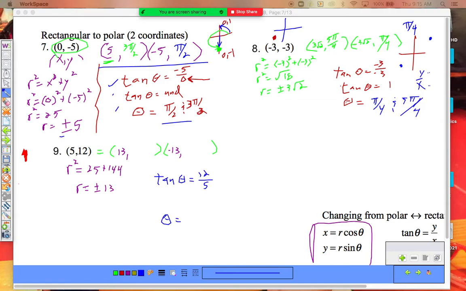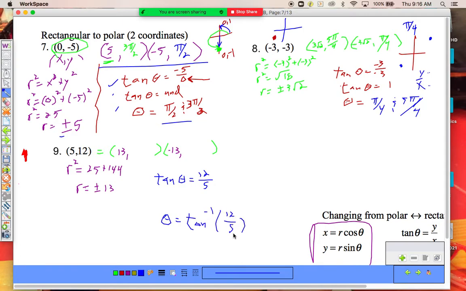All right, so if I give you a tangent of theta is 12 over 5, we don't know that, so we're going to do an inverse tangent. So theta is going to equal the inverse tangent of 12 over 5.